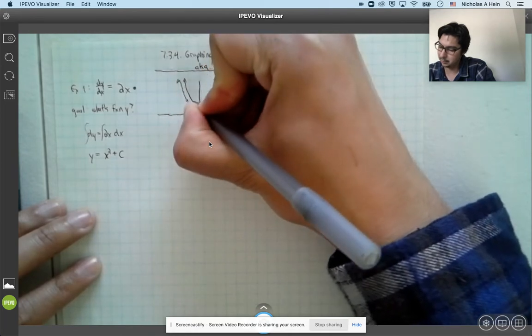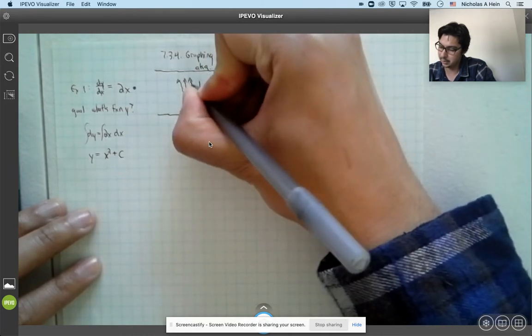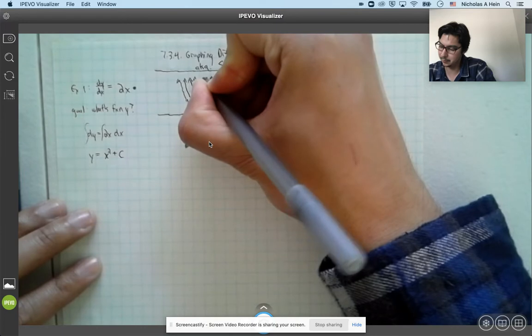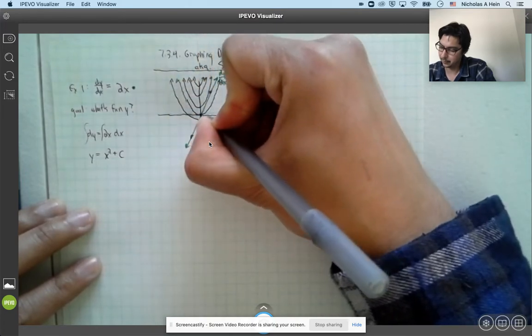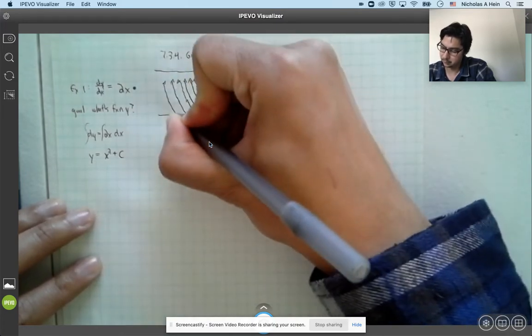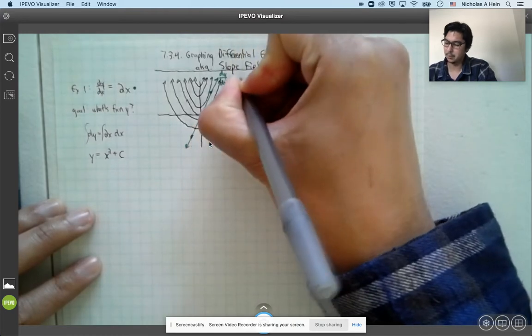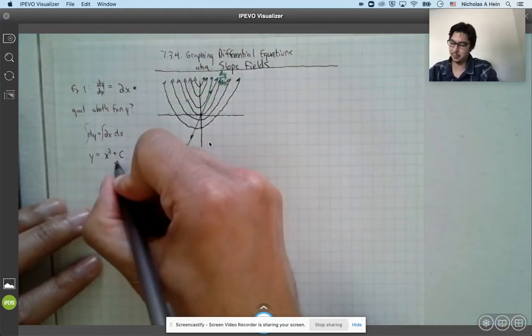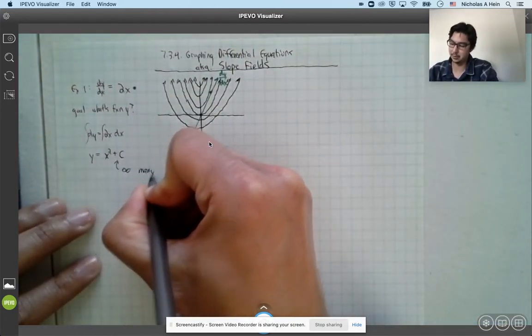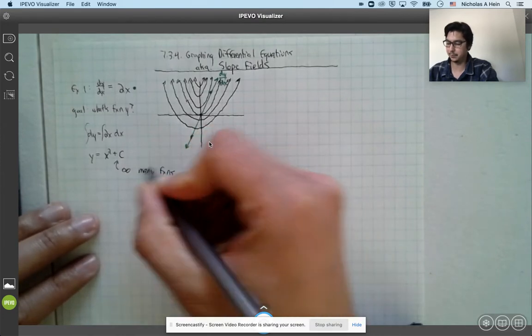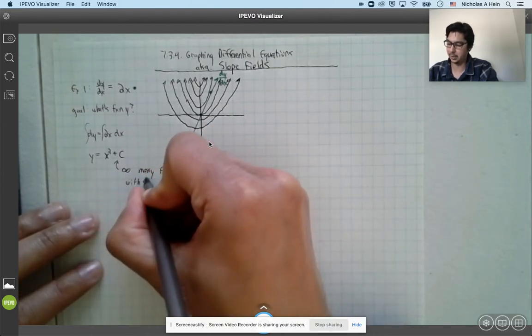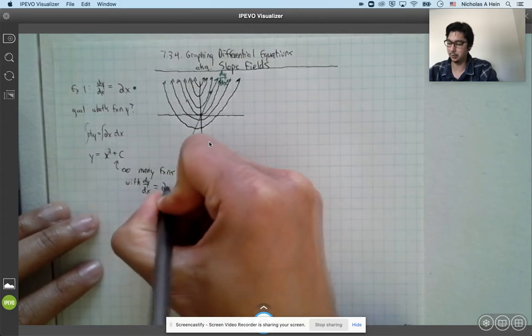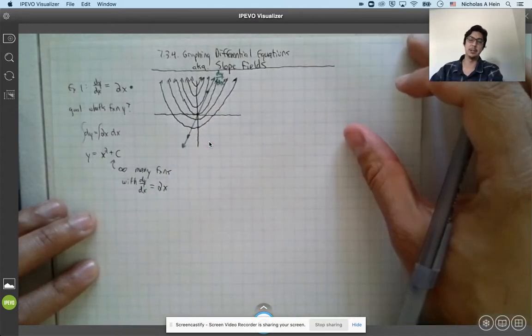There's a lot of different scenarios it can look like there. Because of the c, there's infinitely many, right? There's infinitely many functions with dy dx equal to 2x, as seen by my parabolas.